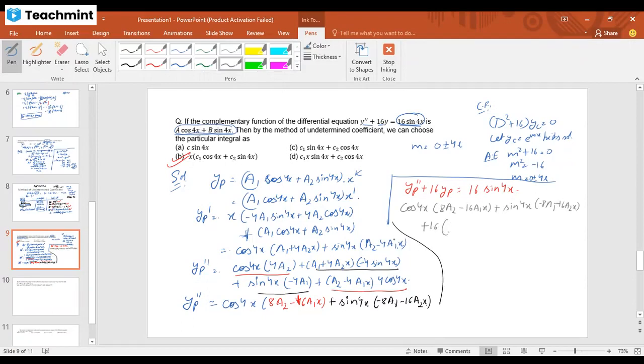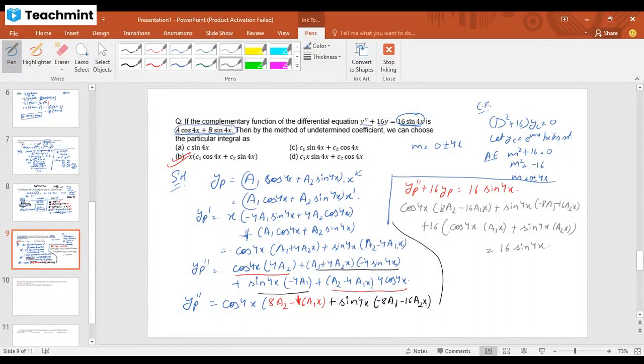What is yp? Again, this is your yp. So the coefficient of cos 4x is a1x and the coefficient of sin 4x is a2x. And your right hand side is 16 times sin 4x.